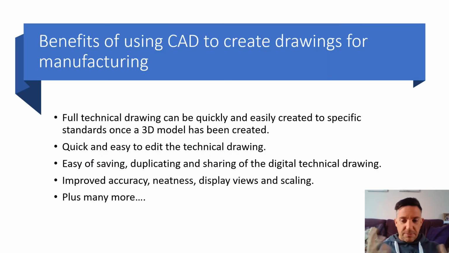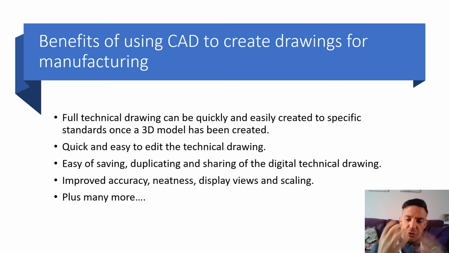So, as I mentioned previously, we get towards the end phase of a design and you're going to want to start creating your products, or you're going to want to create some drawings that you can send to somebody to manufacture your products. This is where the technical drawings come in. This is where the key power of CAD is now a massive benefit for creating a drawing.